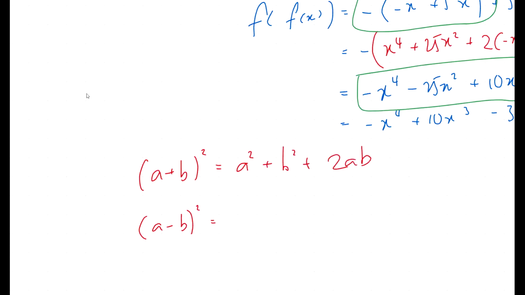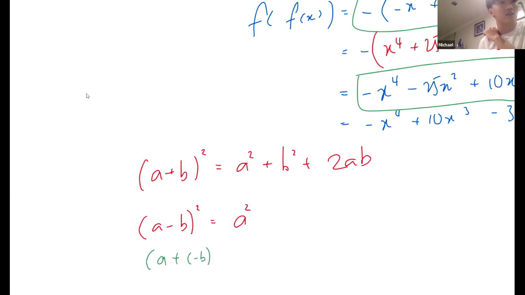What about a minus b squared? A minus b squared. A squared minus b squared? No. There's a cheeky way to think about it. You can think about it like a plus minus b.